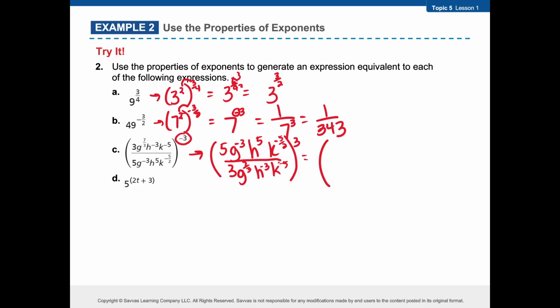So now working inside, once I'm done everything inside, then I can do the power of 3 to everything. So 5 and 3 cannot be simplified, so 5 stays on the top, 3 stays on the bottom. When you are dividing, we subtract the powers, so a negative 3 minus a 7/3.